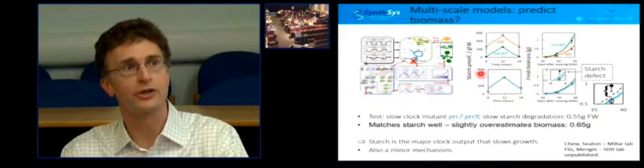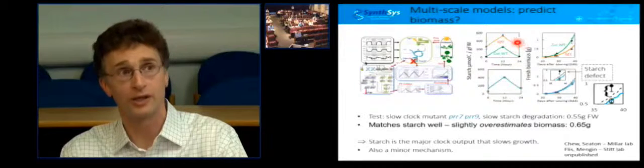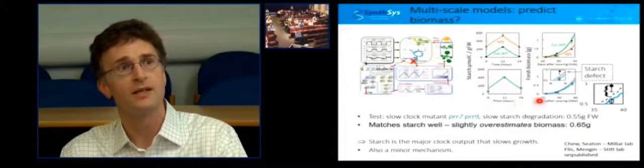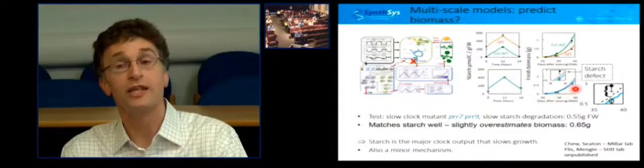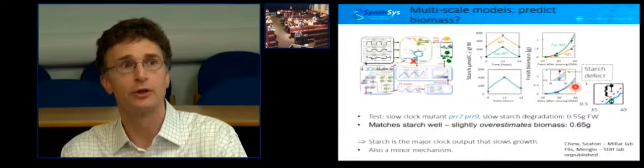That alters starch degradation such that the mutant has a higher starch level, though not quite as high as the LSF1. You can see in the middle panel that biomass growth is indeed reduced in the slow clock mutant. And the effect of the starch defect is shown in the black line and inset here.